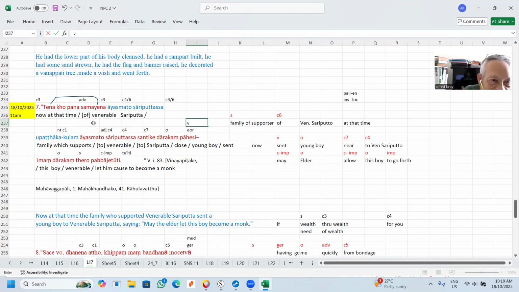I put the word now here because the word now can be put anywhere. Now at the time. So you can say, if this is plural, now they send a young boy near to Sariputta. This is finished because this is one line already up to here. The verb ends here. You take the next.